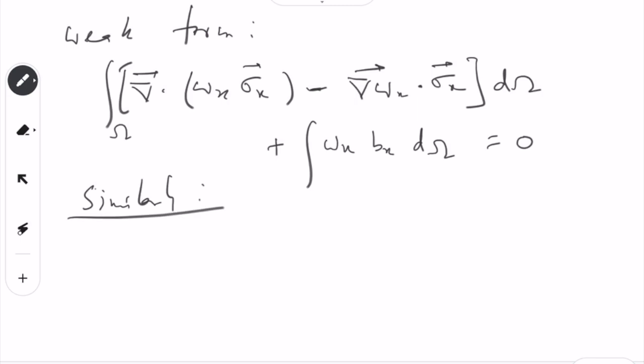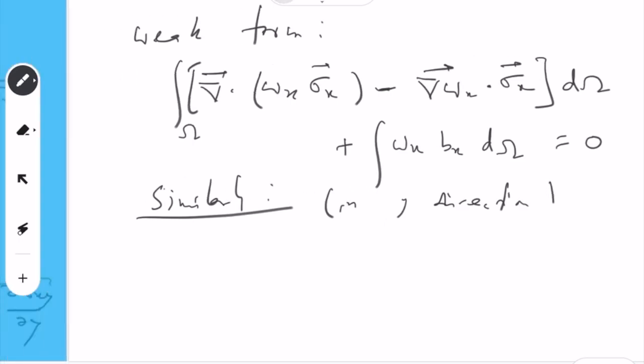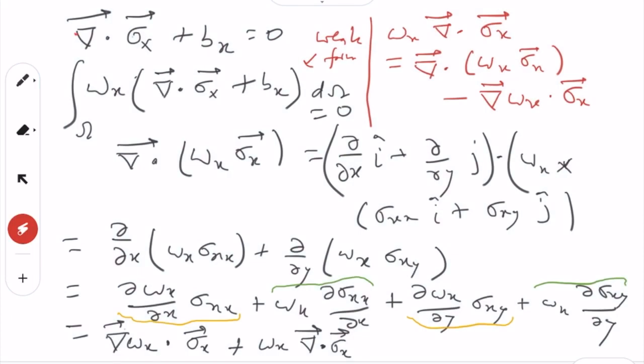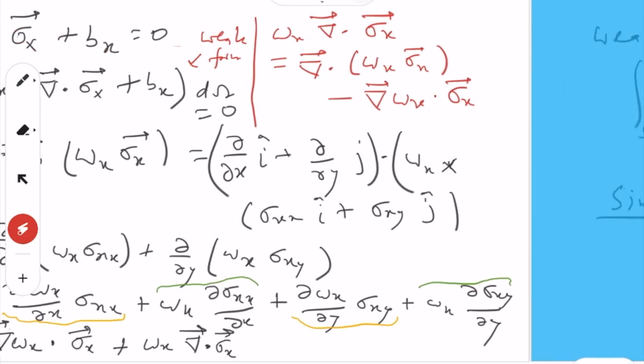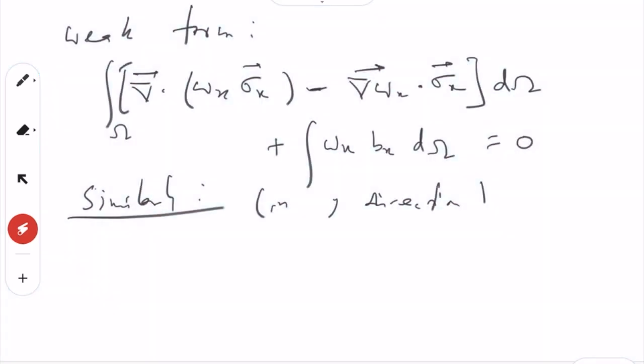Similarly, we can also write that in the y direction, basically taking the second one. Our second one is divergence of sigma y plus by equal to 0, right? So if we multiply by wy and do the same operation, what do we get?